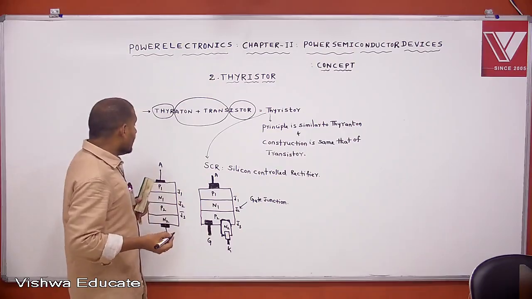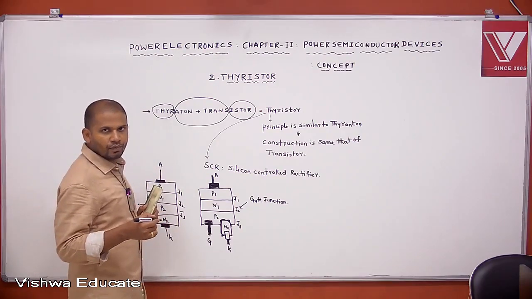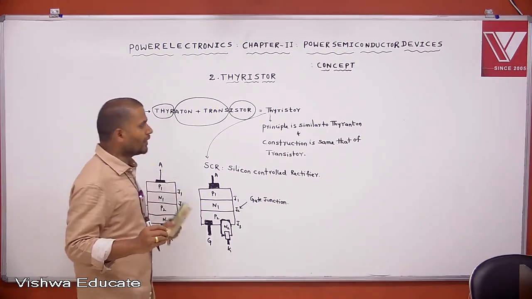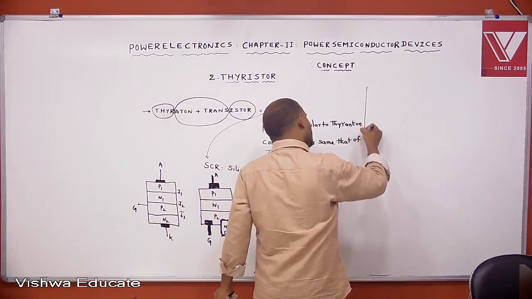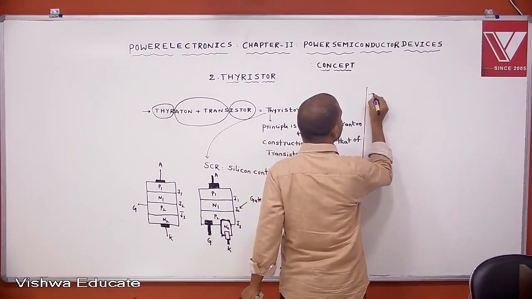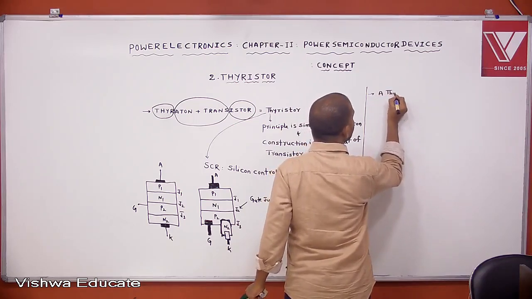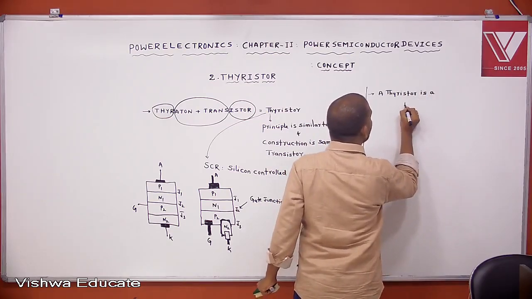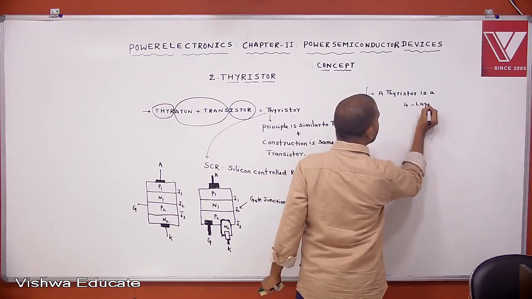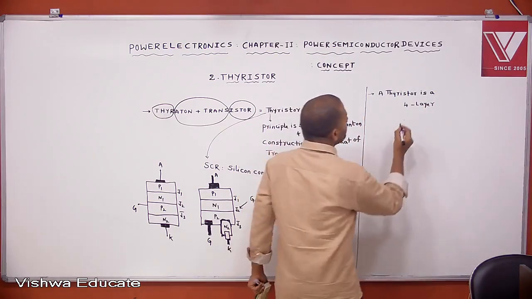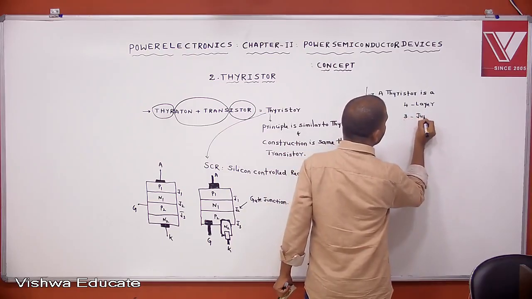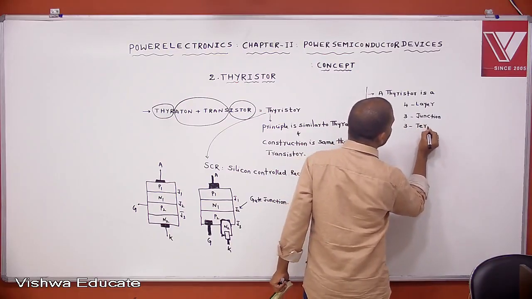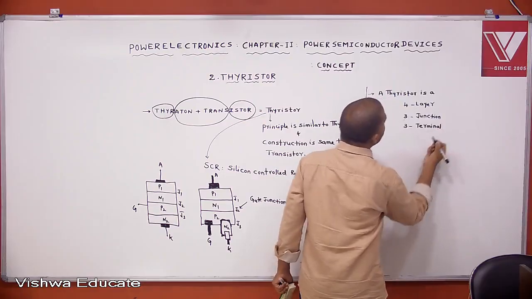That's why a Thyristor or SCR is nothing but a 4-layer, 3-junction, 3-terminal device.